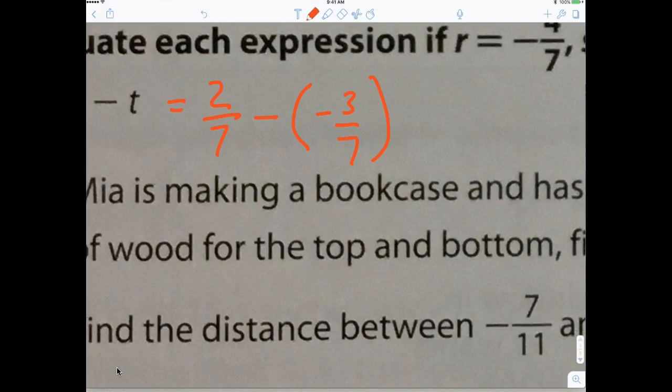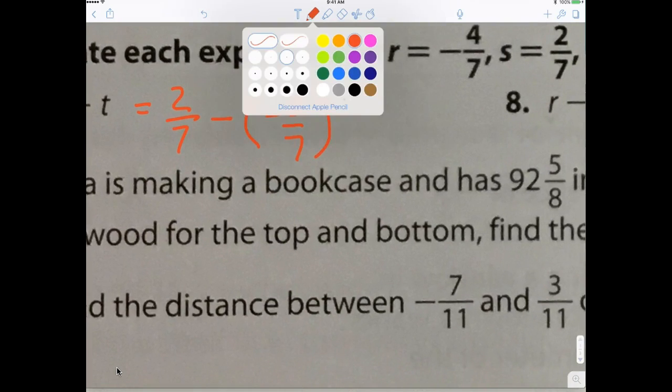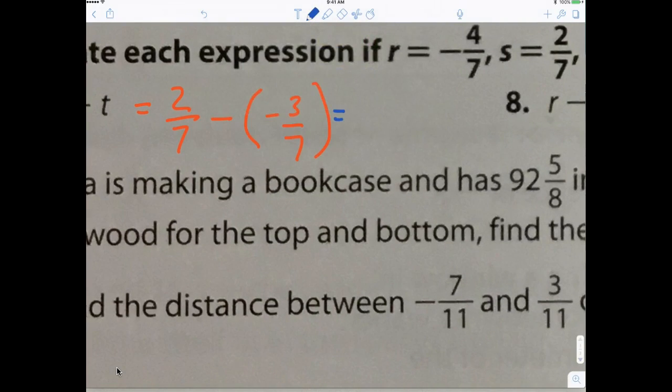I would prefer that you just go ahead and rewrite this as 2/7 plus 3/7, and we all know what that is. That's not the issue. The issue was the double negatives. If you don't write out the double negatives, you'll accidentally make a mistake and leave it out.